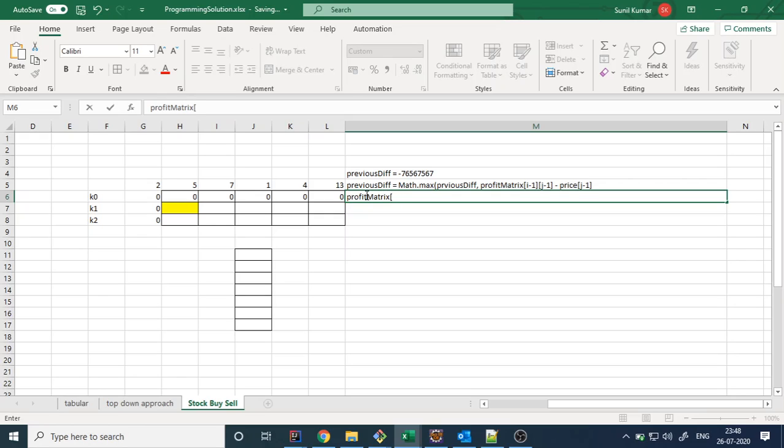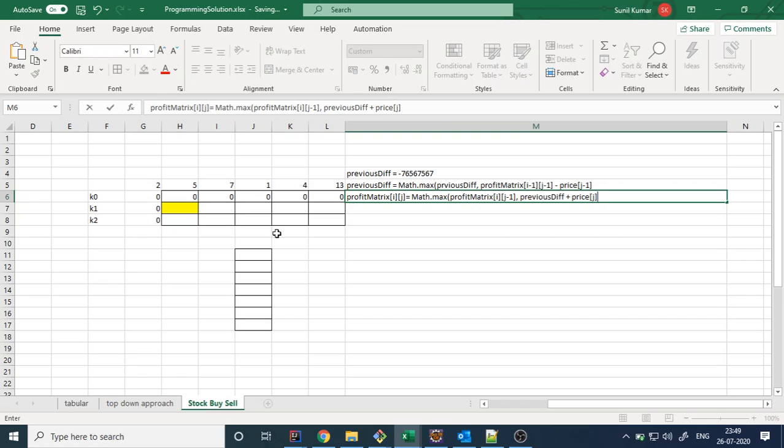Profit matrix of i j is Math.max of the profit matrix in the same transaction row, that is i and j minus 1, meaning the previous profit in the same transaction row, and then the previous difference plus the price of j.